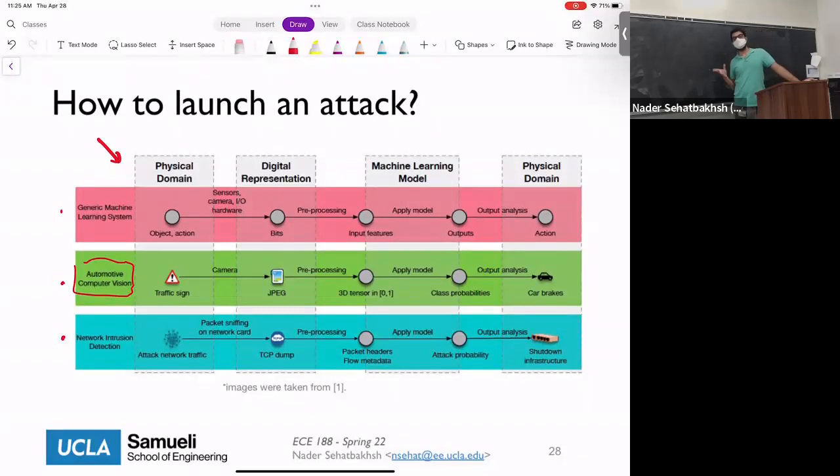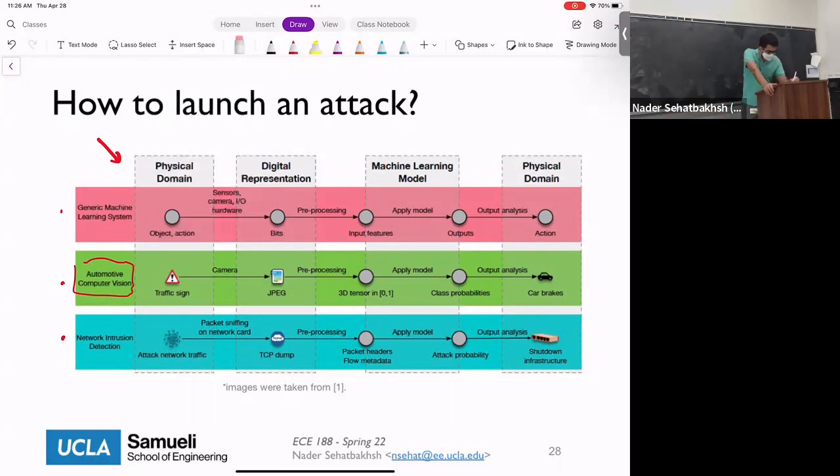So let's look at these two examples and see how the attacker can interact with the system. Both start with the physical domain. For the autonomous car, the physical domain is a bunch of different traffic signs, right? And for the network detection, it is the network traffic. So the intrusion detection or malware detection is looking at the traffic, trying to decide whether this is malicious network traffic or not.